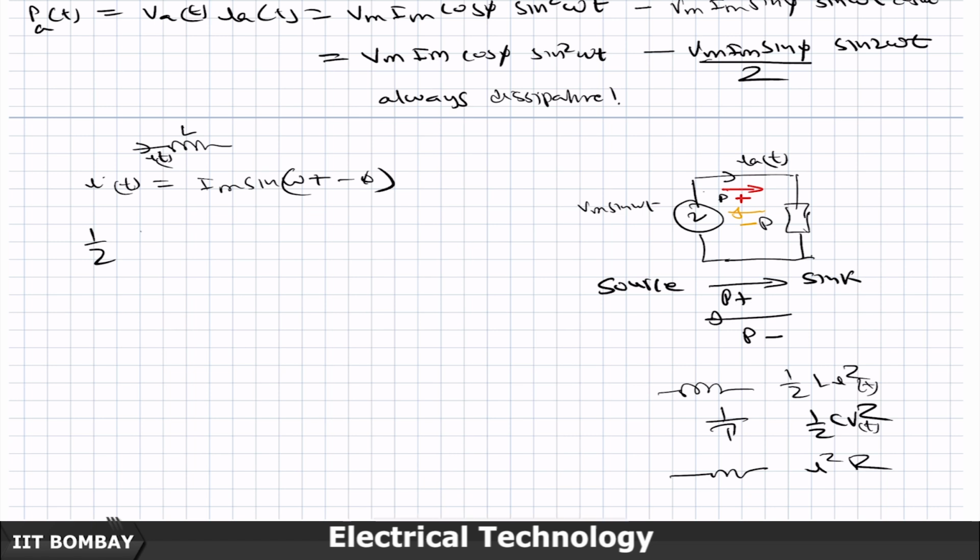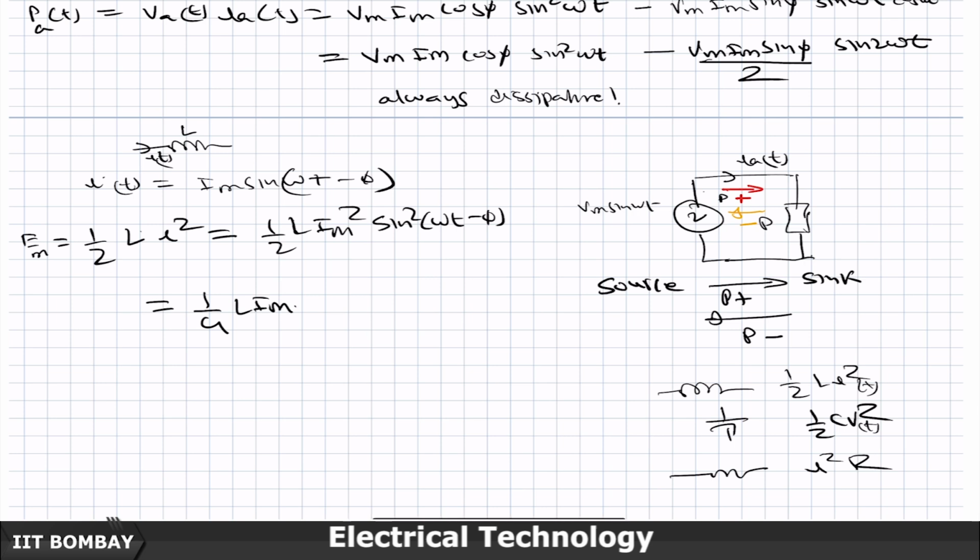Then the magnetic energy stored in the inductor will be half of Li square, which is half of L Im square sin square of omega t minus phi.